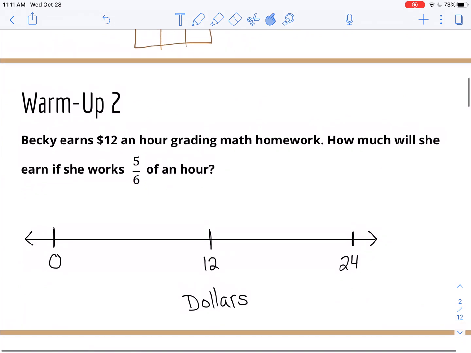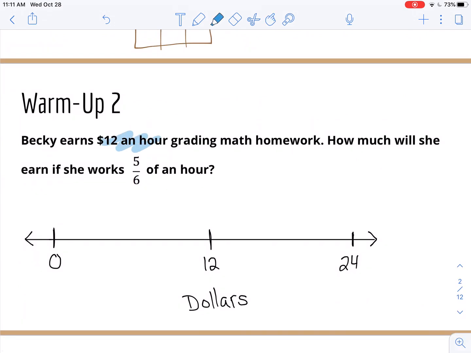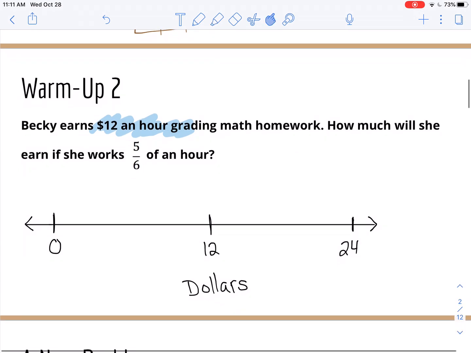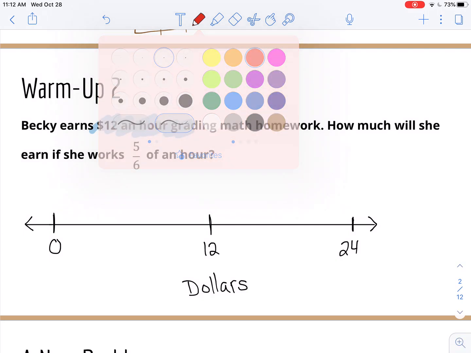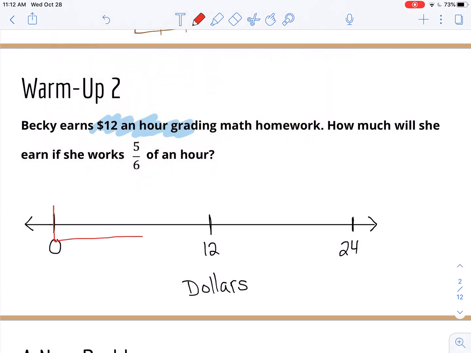The second class, we used a number line. Becky makes $12 an hour grading math homework. Oh boy. How much will she earn if she works 5/6 of an hour? So in class, we said that we needed a whole rectangle between 0 and 12, because this represents a whole hour.